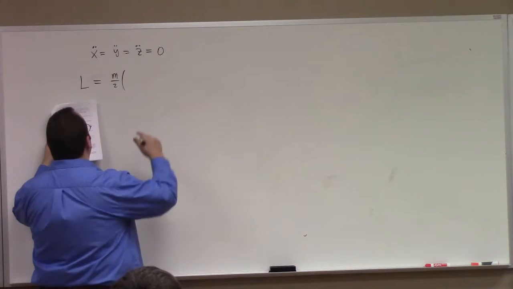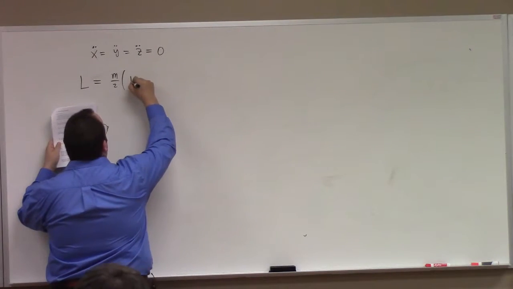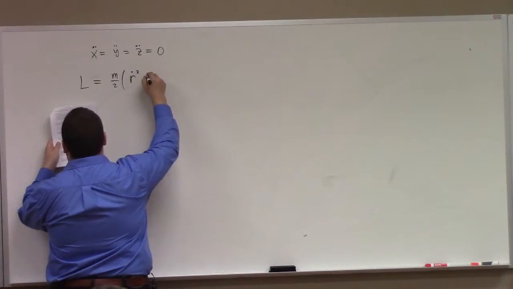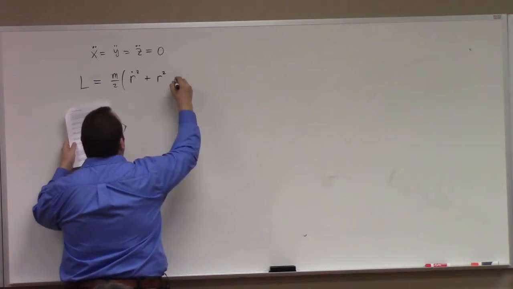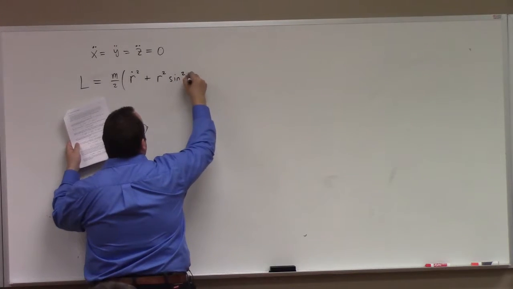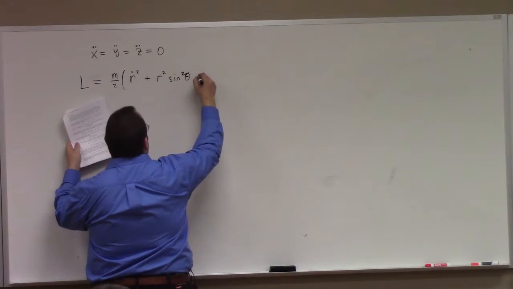Okay, so m over 2 r dot squared plus, and this r would be your usual rho, right? So I'm using physics coordinates here. My theta and my phi might well be reversed.